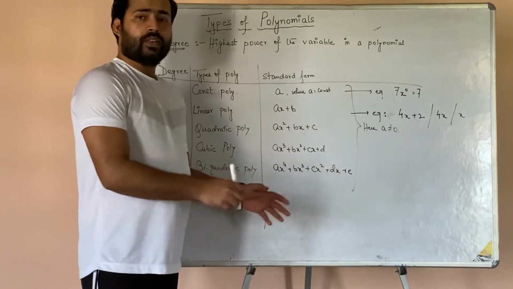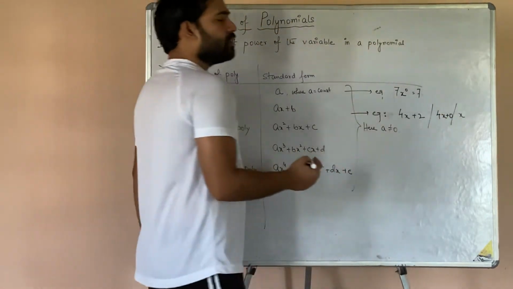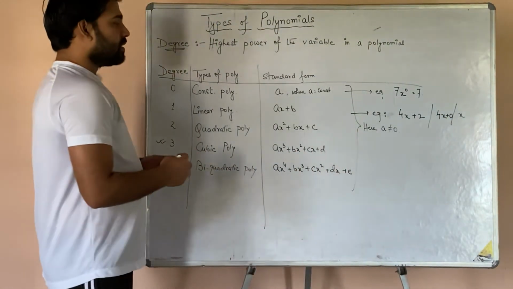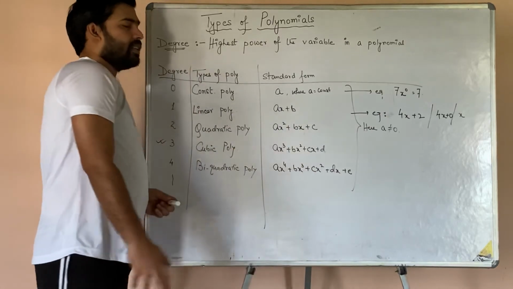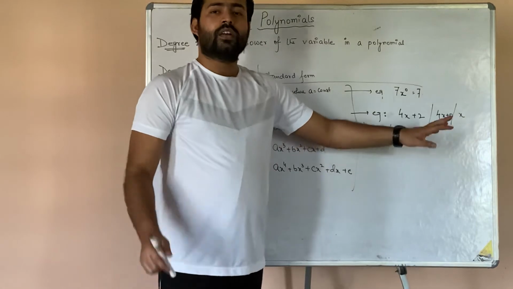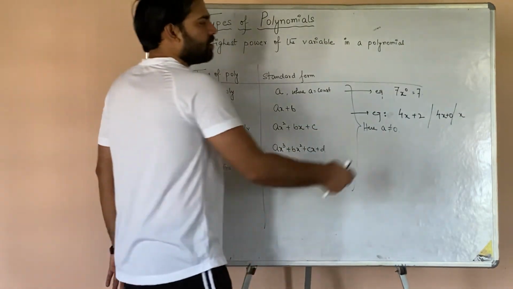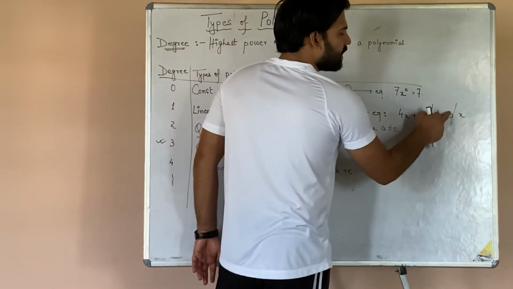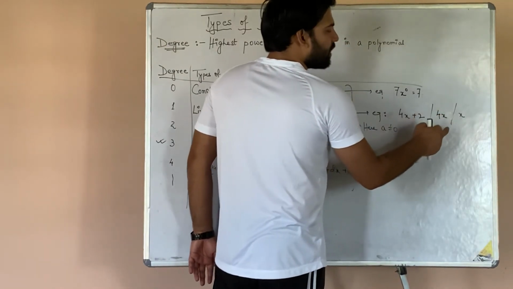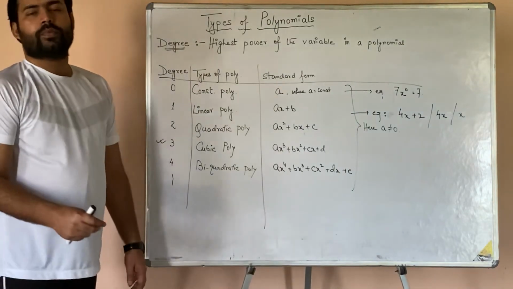Even if you want to put it in that form, you can write it as 4x plus 0, that is ax plus b. So this becomes 4x plus 0, fulfilling the criteria of the standard form. Writing down this 0 will not create anything new or extra, so even if I do not write down that 0 part, it's okay.